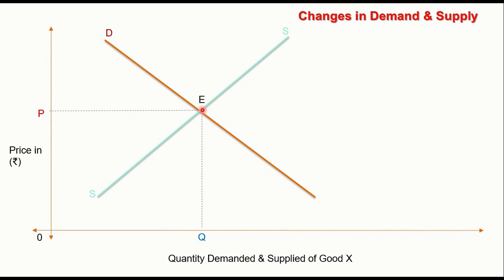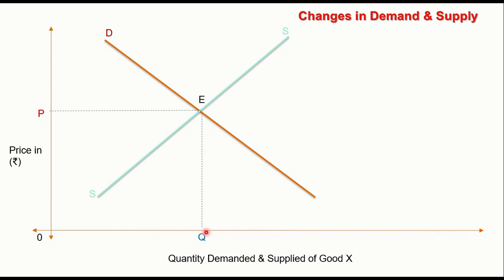In this diagram, the original demand curve is DD and SS is the original supply curve. Both these curves intersect at a point E where equilibrium happens. At this point, the equilibrium price is OP and the equilibrium quantity is OQ.